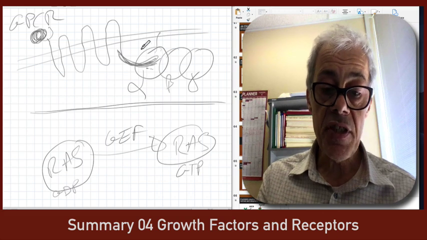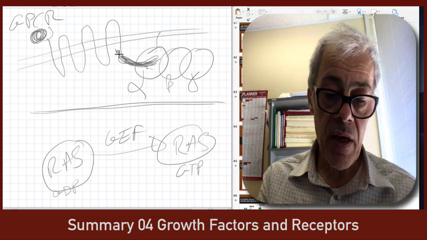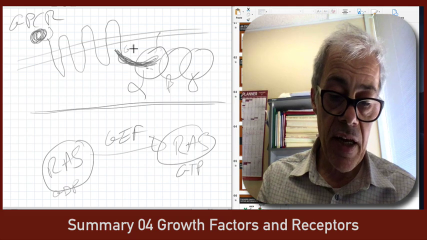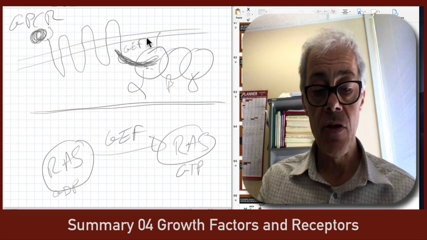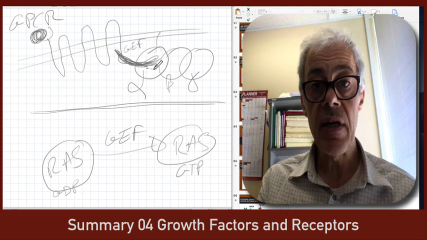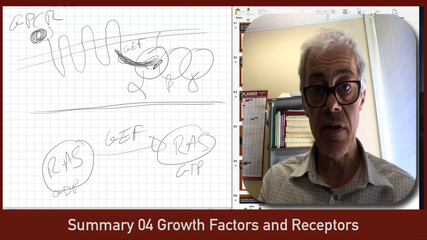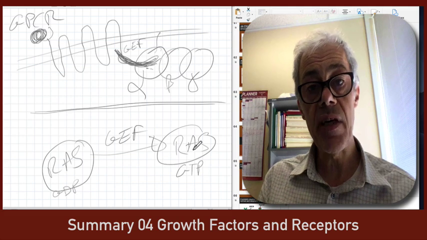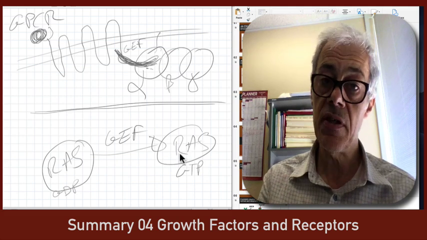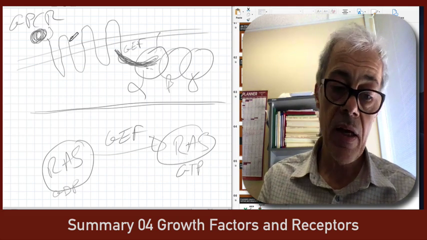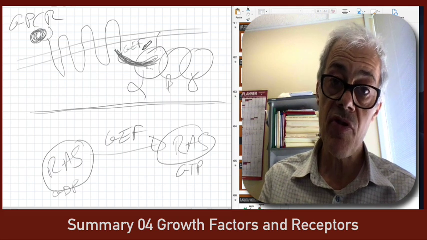The receptor itself, this domain here, acts as a guanine exchange factor to exchange GDP in the alpha subunit for GTP in the alpha subunit. Okay, it's very similar to what we see in RAS activation, but this is a different kind of receptor, which is the 7-pass transmembrane receptor.